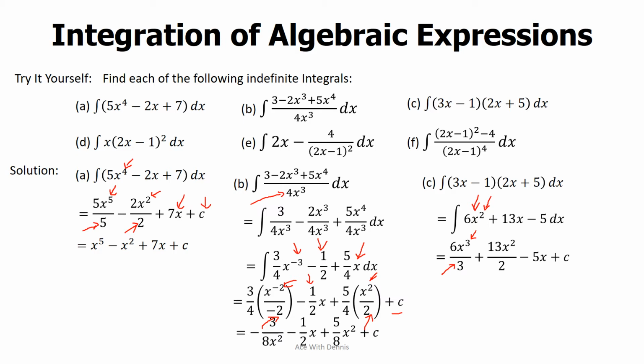Okay, then second term, x power 1 plus 1, we get 2, then over 2. The constant, we just copy 13, we still have 13 here. The next one, integration of 5, a constant, then we get 5x. So minus 5x plus c. After that, we can simplify this expression, which becomes 2x cubed plus 13 over 2 x squared minus 5x plus c. So this is the answer for C.